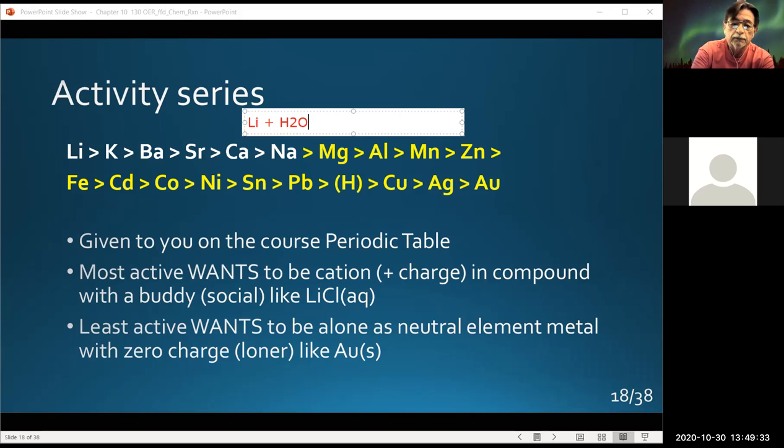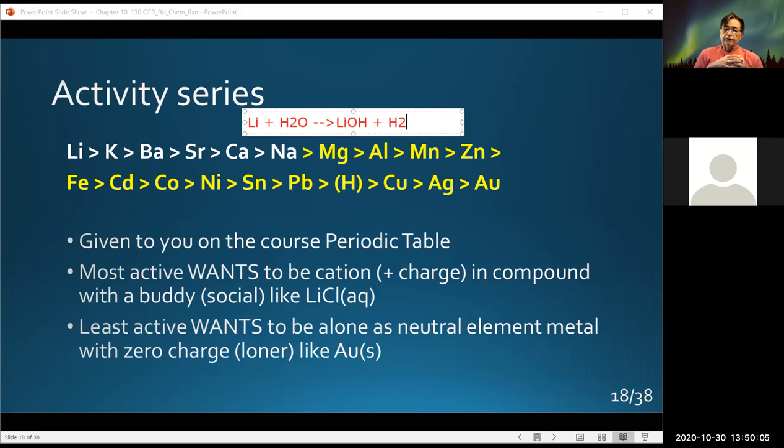Lithium through sodium very quickly react with water to form lithium hydroxide. They actually make a base. And then the other thing they make is hydrogen gas, H2. I haven't balanced it, but those are the two products. And those are the ones that are highlighted in white here, the bold ones.